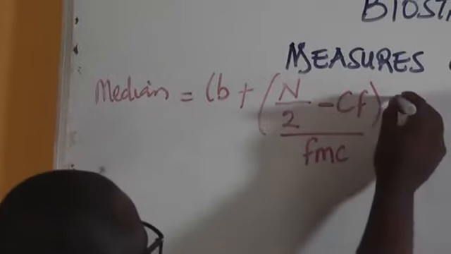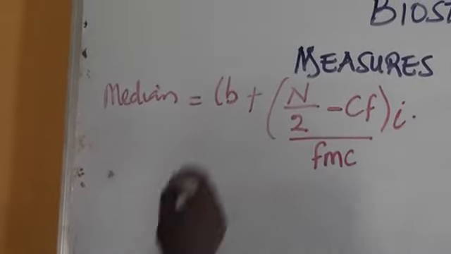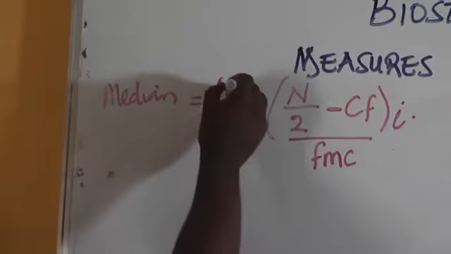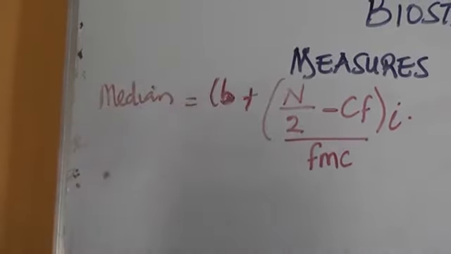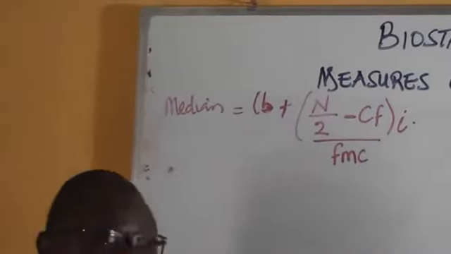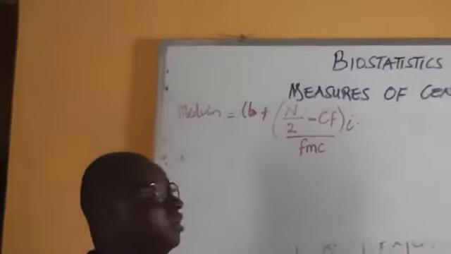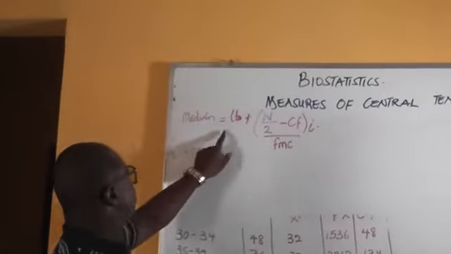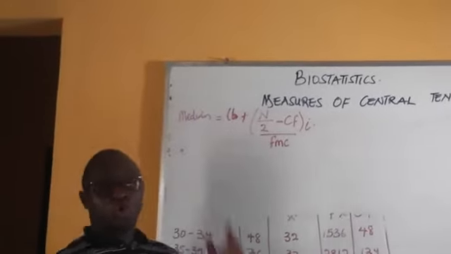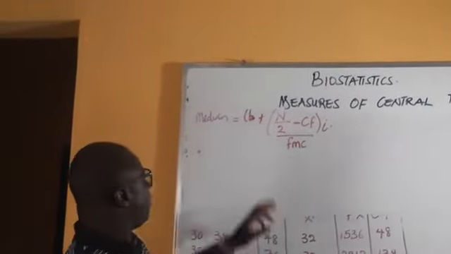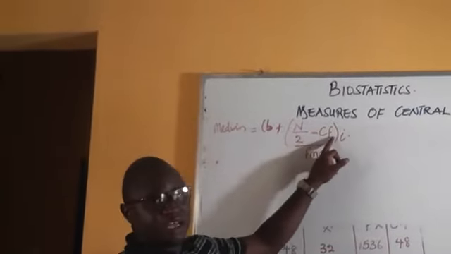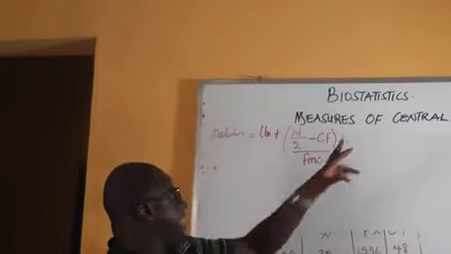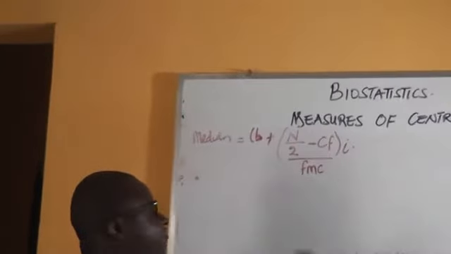Then you have your I. This is the formula for median. Please, I must stress that this formula is for group data median. Median is equal to LB, where LB stands for lower boundary, plus N over 2 minus CF, close bracket, I, then all over FMC.